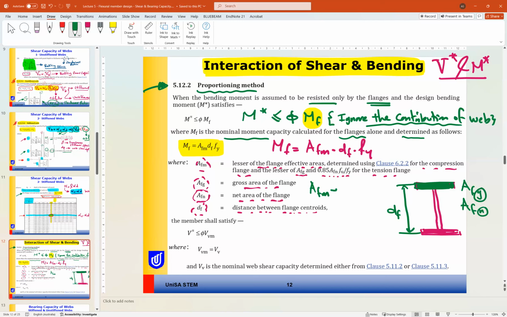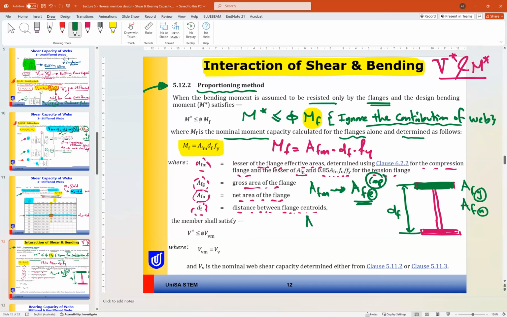So Afm is the effective area for the flange calculated before in the design, or the effective area we calculated earlier in the previous lectures, and you can find it using the effective widths. This is for the compression flange.